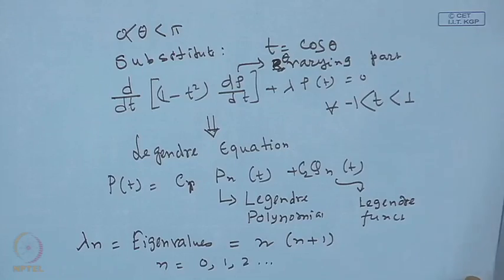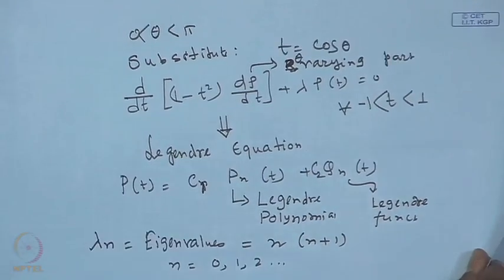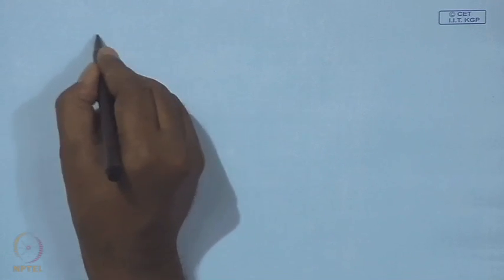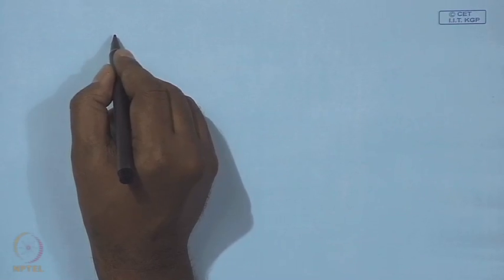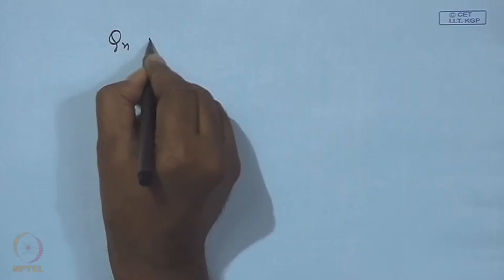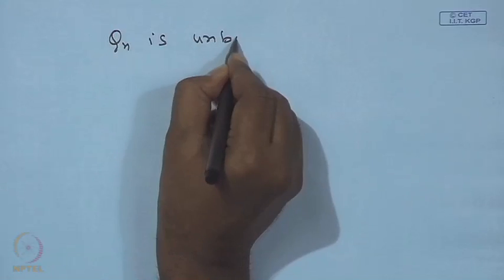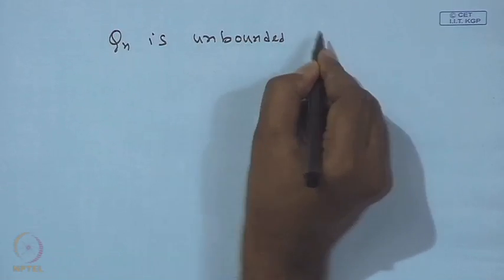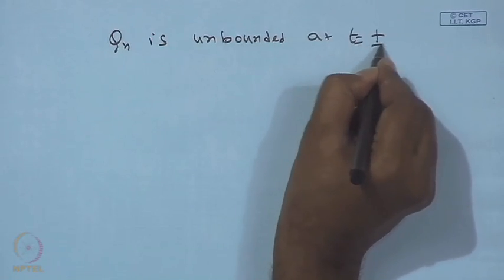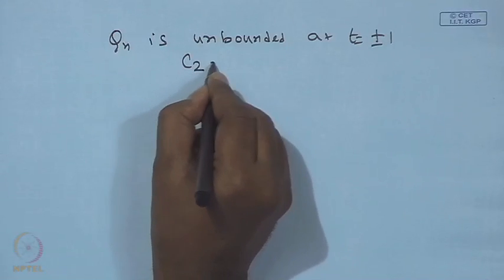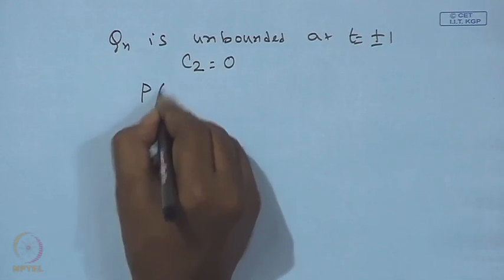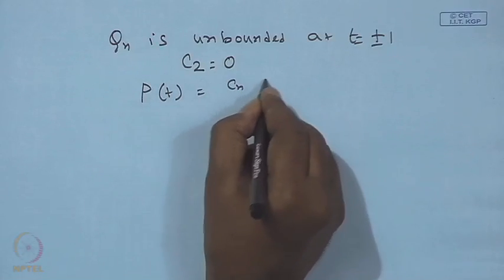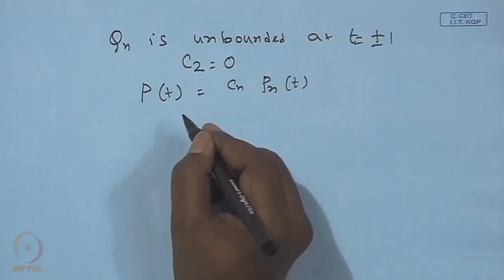Therefore, we can solve the theta varying part completely. If you look into the property of the Legendre function, Q n is unbounded at t is equal to plus minus 1. Therefore, the associated constant with this must be equal to 0. So, we will have P of t as C n P n of t as the eigenfunctions.